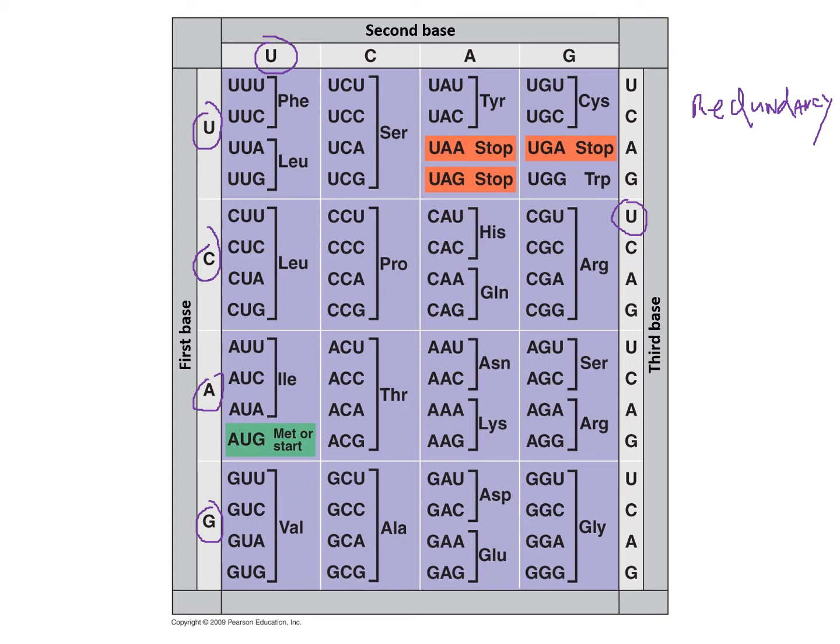CUU is always going to code for leucine. However, CUU, CUC, CUA, and CUG all code for leucine. What that does is, if there is a base change, a point mutation in that last letter, chances are you're still going to get leucine. You see that? That's important. It also cuts down on the errors, the mutations that happen when DNA is processed into a protein.